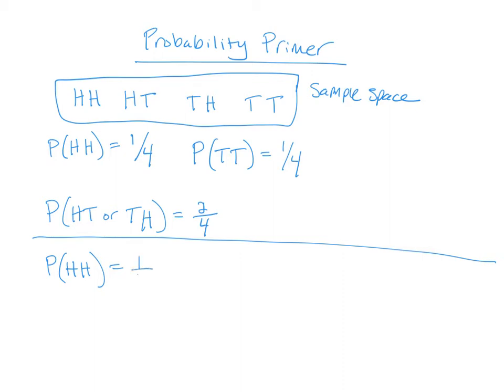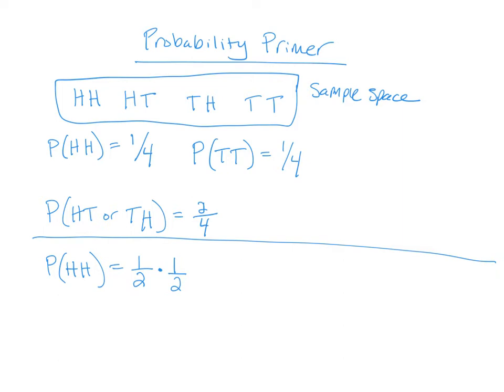Then you do it again, and the probability that you get heads again is also 1/2. There's this law of probability that says if 2 events are independent, which means the outcome of one does not influence the outcome of the other, then if you want to know the probability that both things happen, you can multiply the probabilities of each one separately.